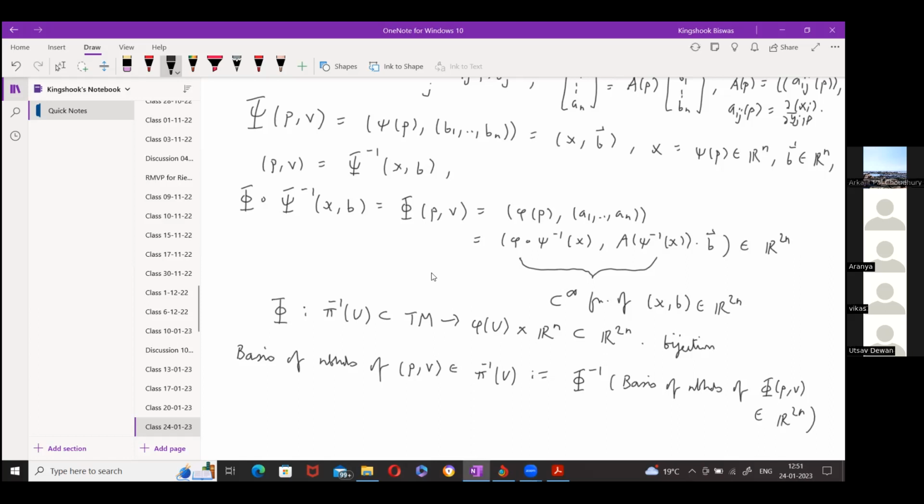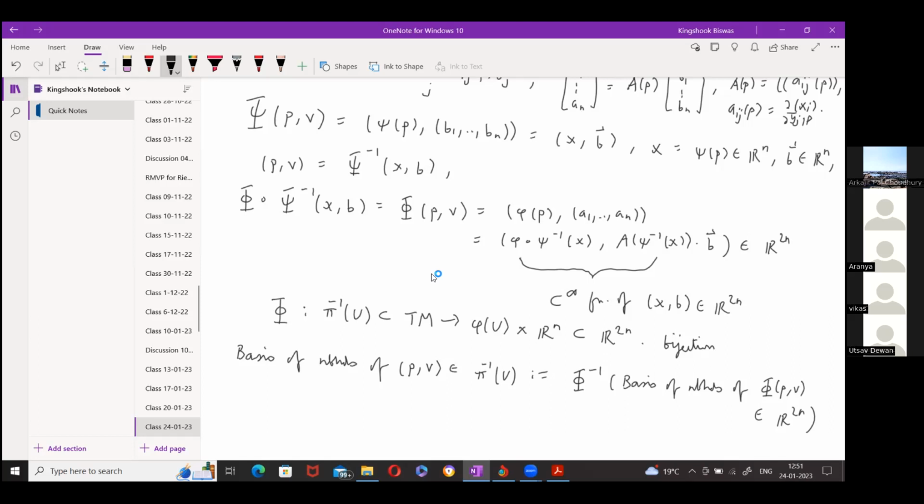So the basis of neighborhoods using capital phi will also be the same as the basis of neighborhoods using capital psi, because the change of charts is a homeomorphism of R^2n to itself. Is it clear?